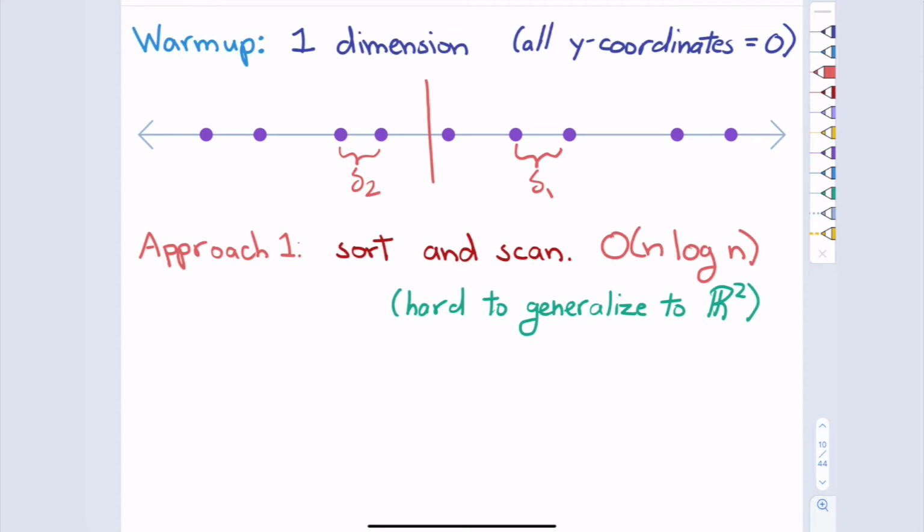And then maybe I would look for the leftmost point on the right and the rightmost point on the left, and compare those first points on either side. The minimum pair is either on one side or the other, or it's going to go across the middle. And if it's going across the middle, I should only check the nearest points to the middle.